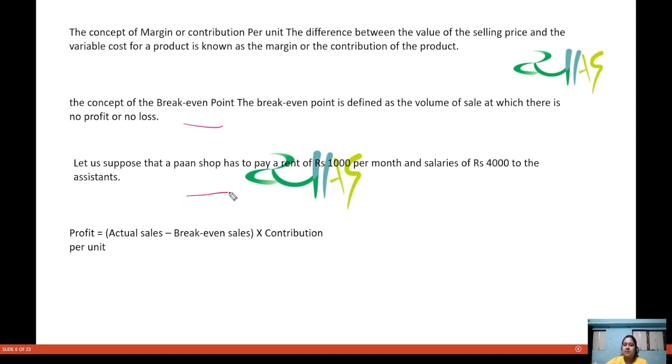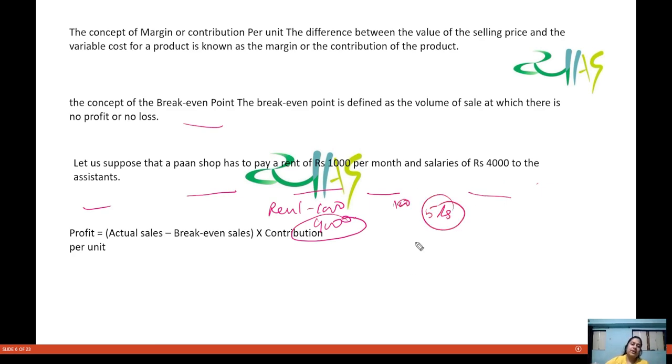Now let us suppose that a pan shop has to pay a rent of rupees 1000 per month and salaries of rupees 4000 to the assistant. So rent is 1000, salary to the assistant is 4000, and let us say raw material needed for each pan is 5 rupees.